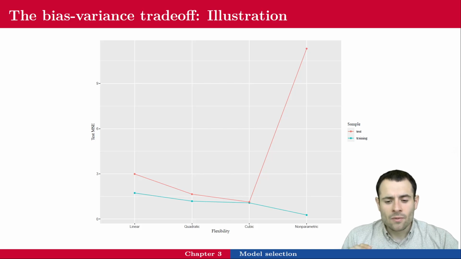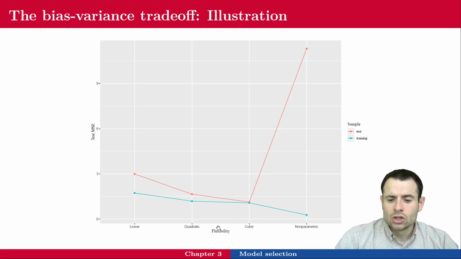Now, from cubic to non-parametric, which is a huge difference in terms of flexibility, you can see that now the test MSE shoots off and is way higher for the non-parametric method than for its competitors. This is a trade-off.